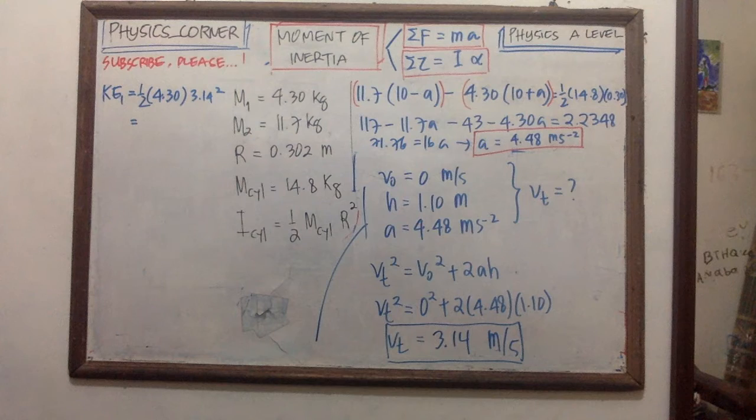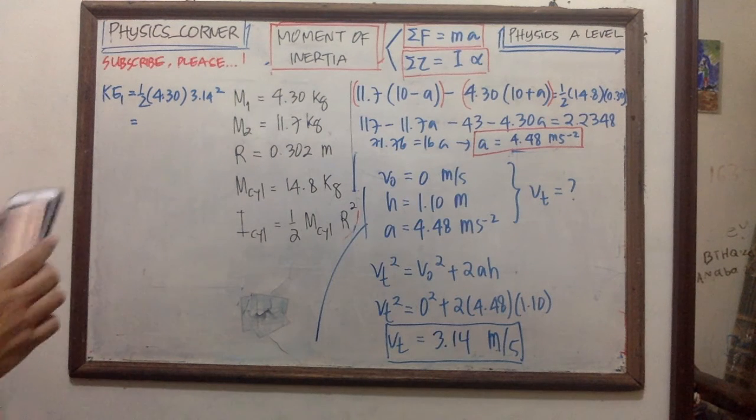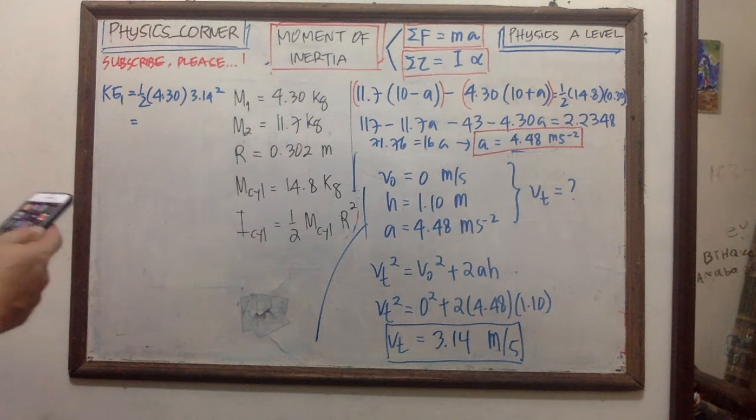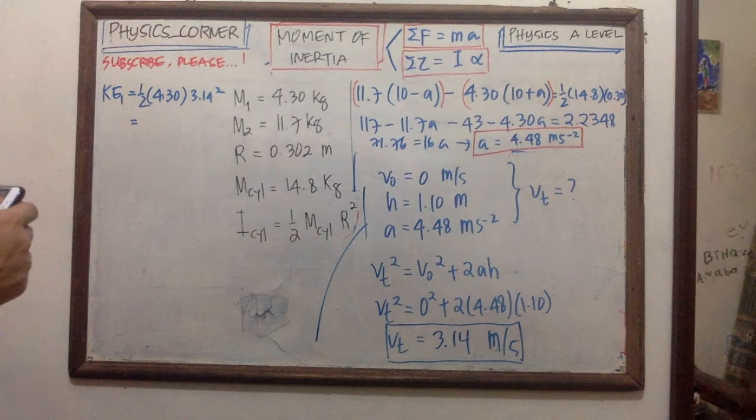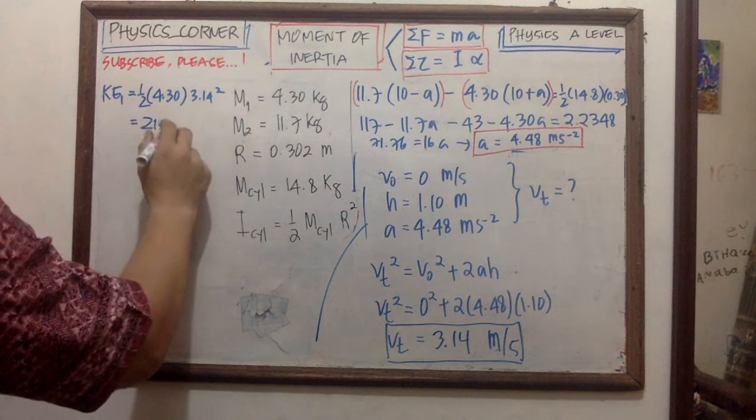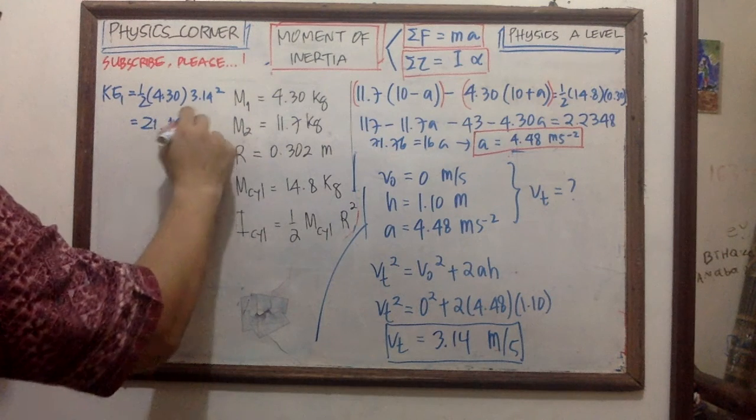I will find first what these numbers are. 3.14 squared times 4.3 and divided by 2, we get 21.19 joules.